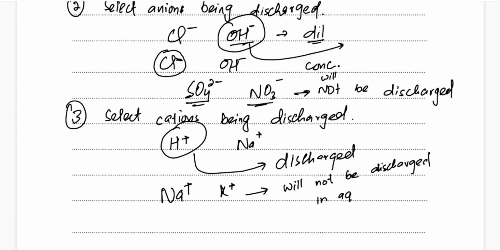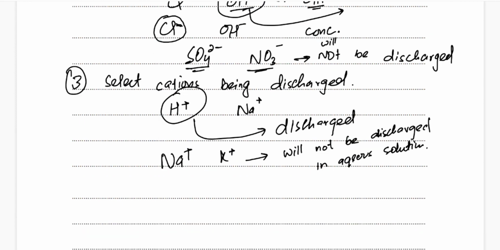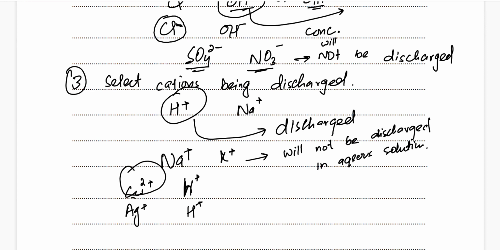But you must know that the ions lower than hydrogen, like copper 2+ and Ag+, are easier to discharge as compared to hydrogen. Then these will be selected.